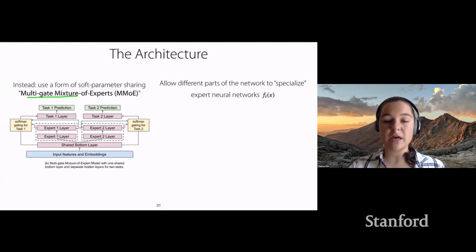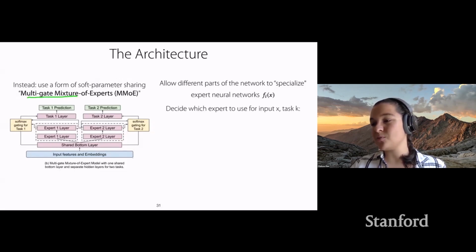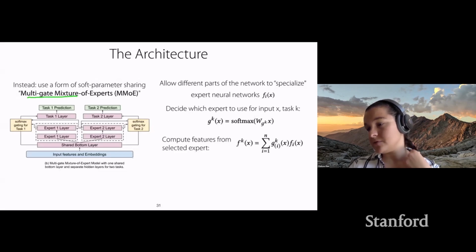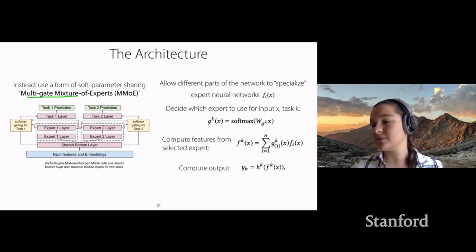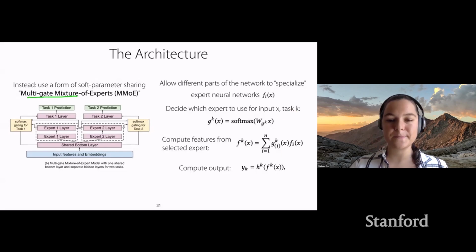This architecture on the left shows two different expert layers, expert 1 and expert 2. They then decide which expert to use for a given input and a given task. This is given by a softmax function, and then they compute features from the selected expert, and then eventually compute the output based off of what expert was used for which task, and also the features from that expert.